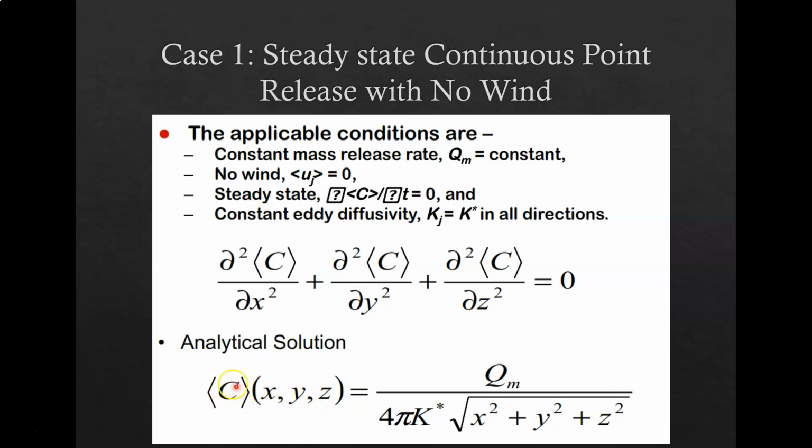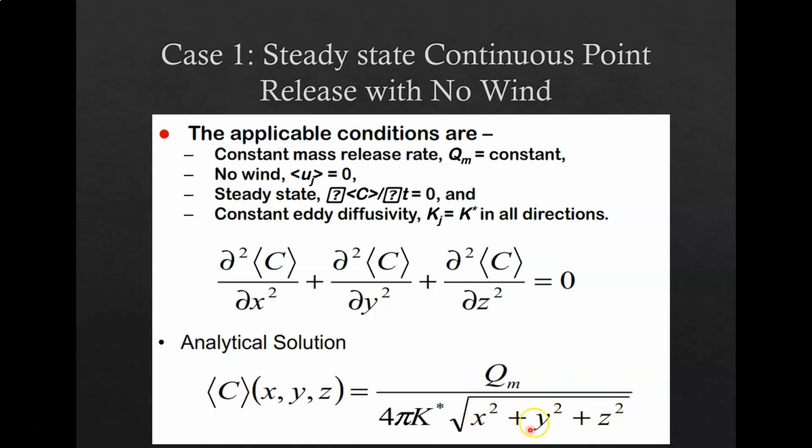This is the concentration at this coordinate. So the equation is equal to QM over 4 pi K, eddy diffusivity, times the root of x squared plus y squared plus z squared.